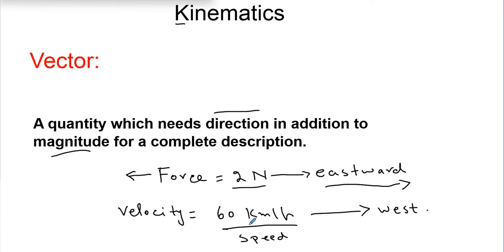In physics, velocity is a vector quantity, and it is actually a combination of speed plus direction. Whatever direction you can give, it depends on the situation. So I hope you understand what is a vector and what is a scalar.